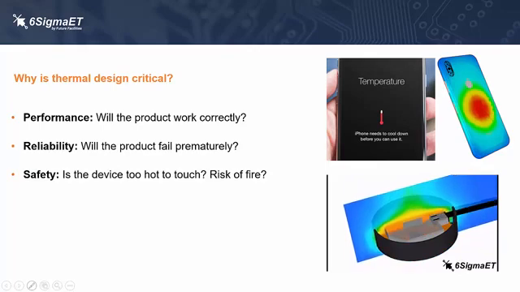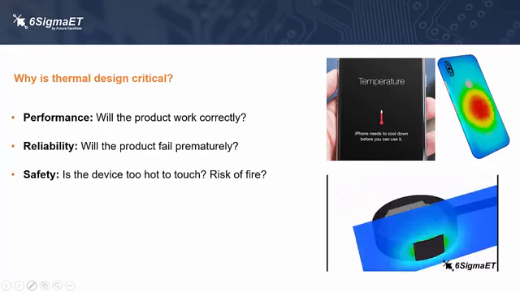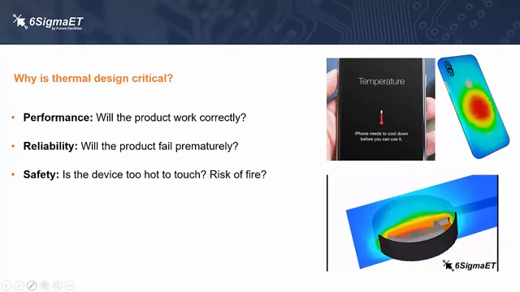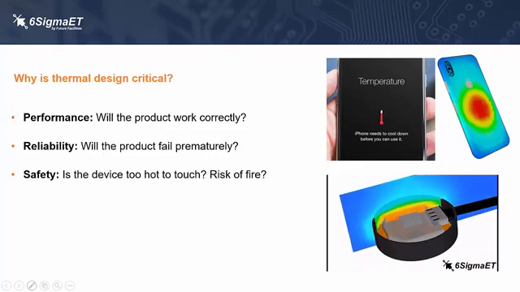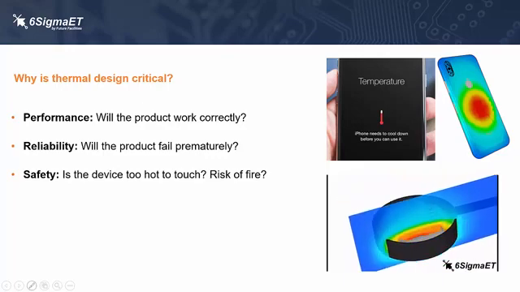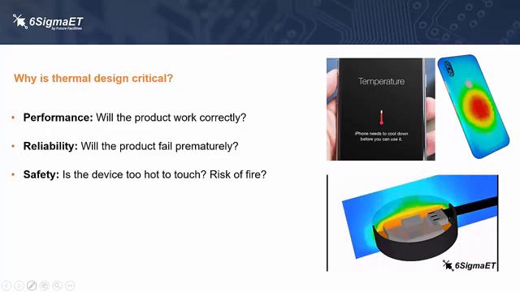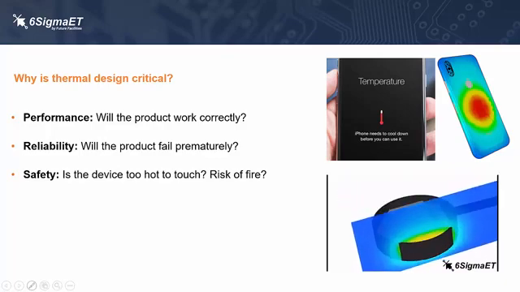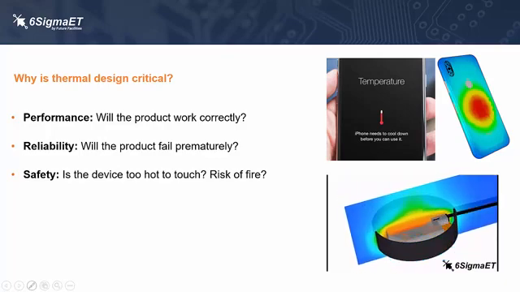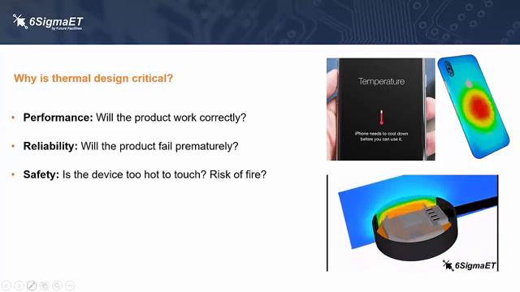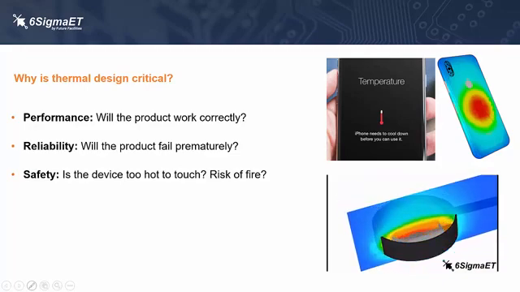Why is thermal design critical? Well, there are three main reasons: performance, reliability, and safety. In terms of performance, as you all know, devices often have to employ throttling to manage component temperatures.